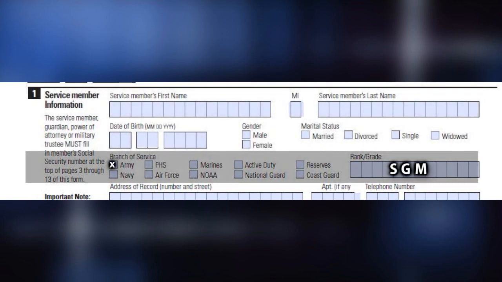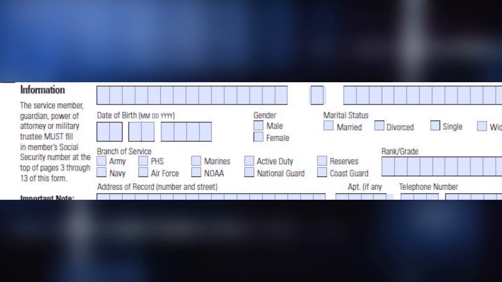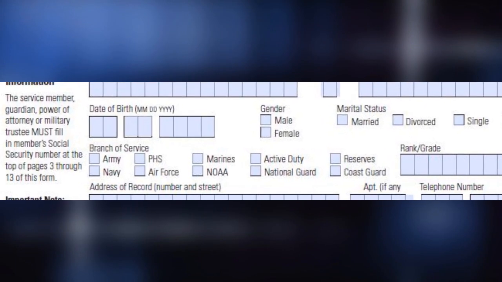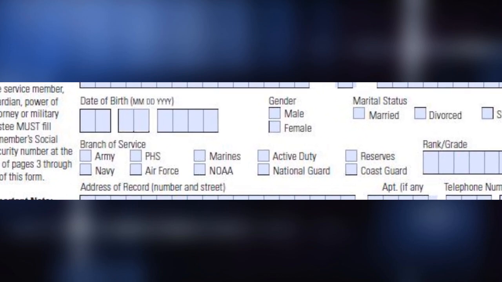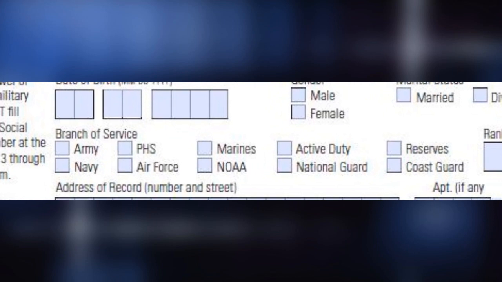You will be asked to fill in your branch of service, component, and rank and grade. Note, if you are in the National Guard or Reserves, you must also check this box, even if you are currently mobilized. As an example, if you are a mobilized reservist, you will check both the Army and Reserve boxes.